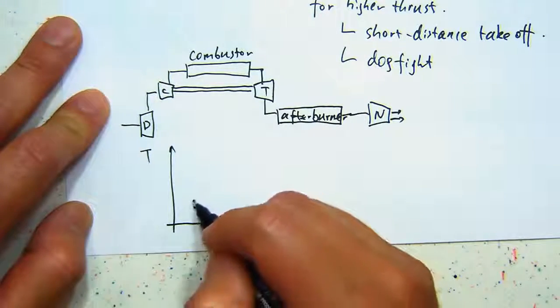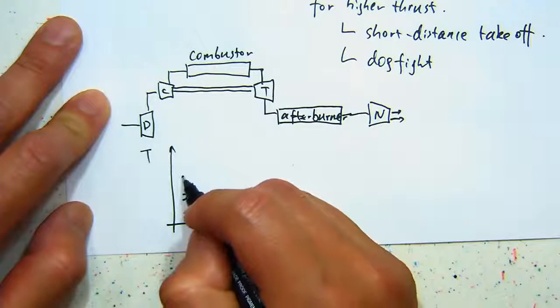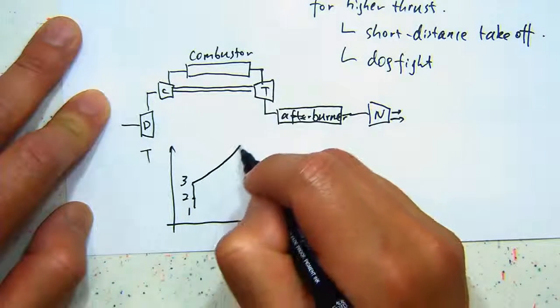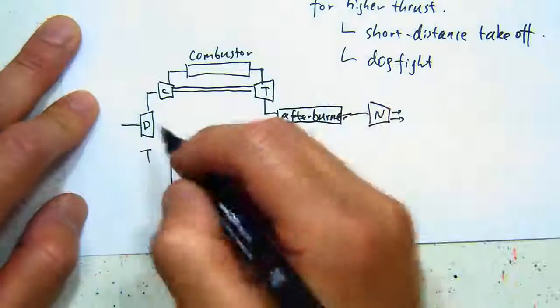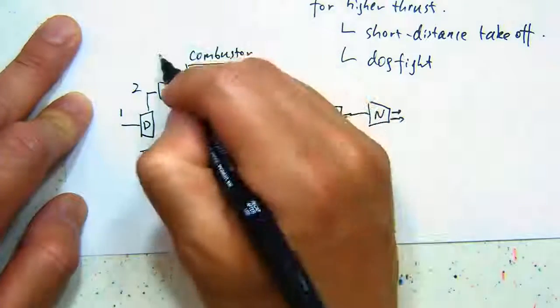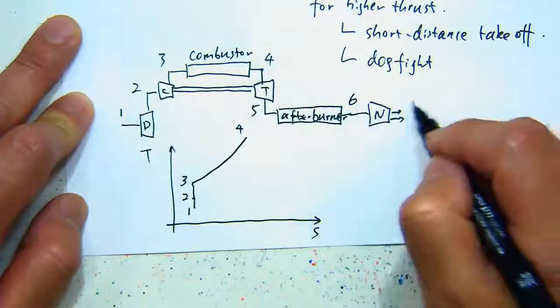so if we have states 1, 2, 3, 4, 5, 6, 7.